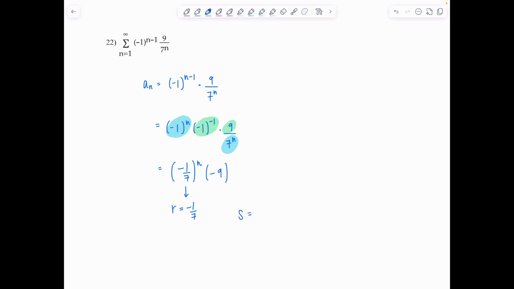The sum is going to be the first term over 1 minus r. Now, what's the first term? a sub 1. You can use this version. You can use this version. Doesn't matter. Let me use this one. It's more cleaned up. So (-1/7) to the first times -9 is +9 over 7. So that's the first term.